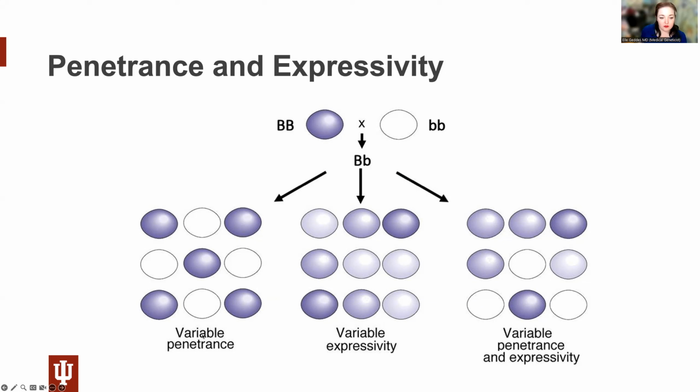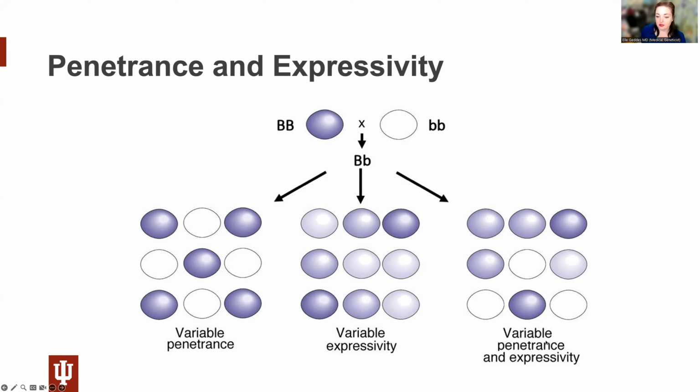And so variable penetrance is what we say for, well, genetically they're purple, but they might or might not even look purple. And then when we say variable expressivity, we say, well, they're all genetically purple, but they might be different shades of purple. They might be light purple, they might be dark purple, everywhere in between.